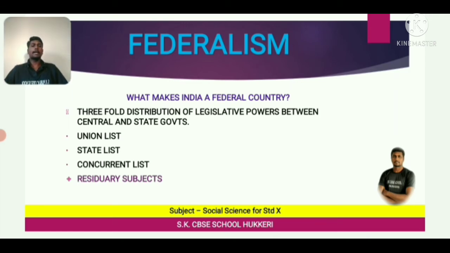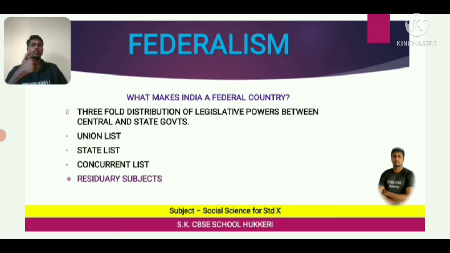Then the second one is the state list. The state list contains the subjects of state and local importance. I mean the important matters at state level or local level are all in the state list.